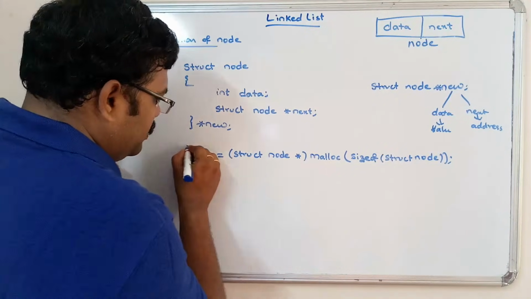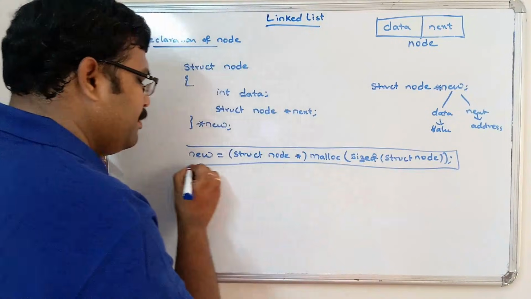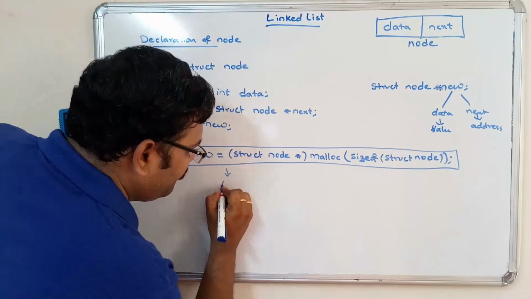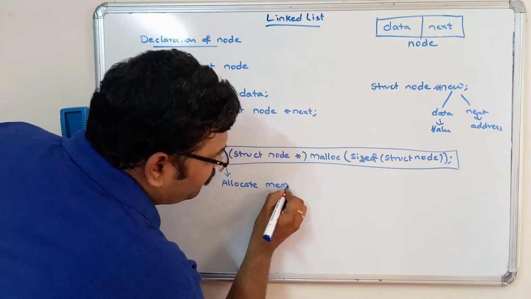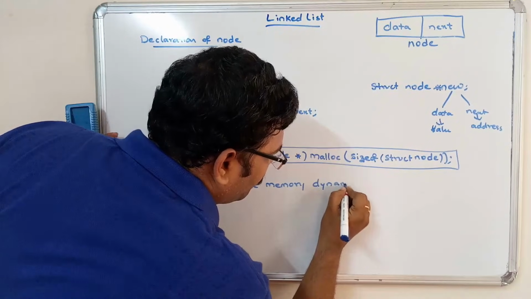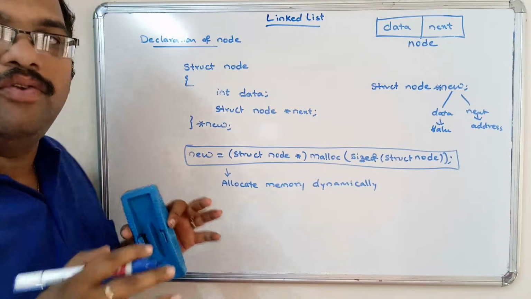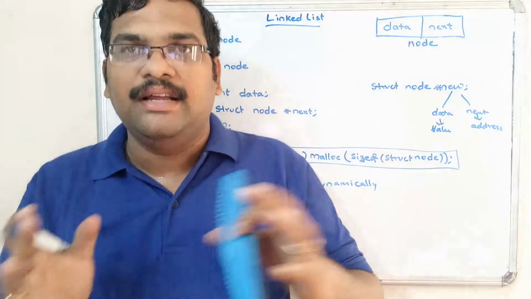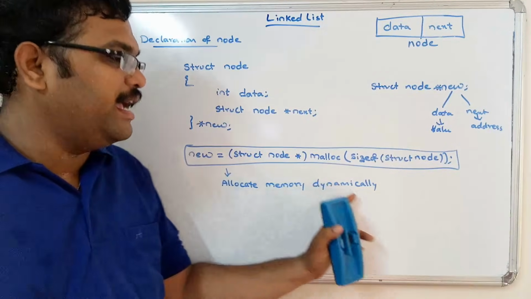This statement is used to allocate the memory dynamically. For every node, before it gets the value, we have to allocate the memory dynamically.